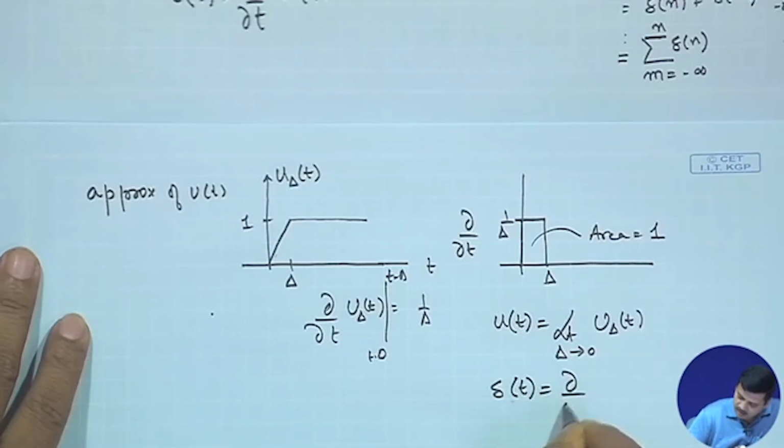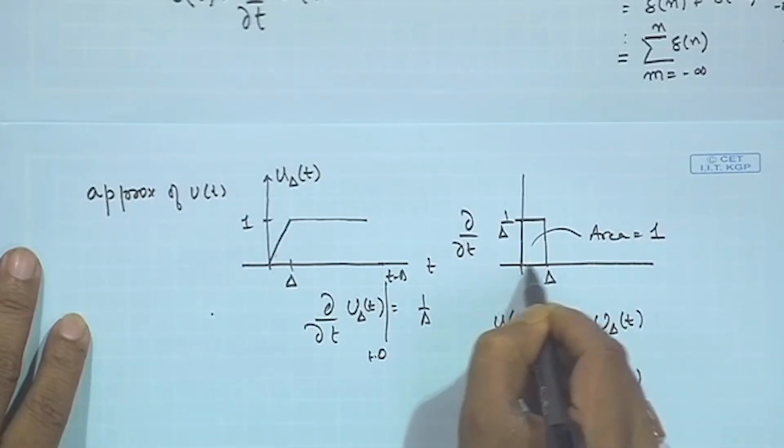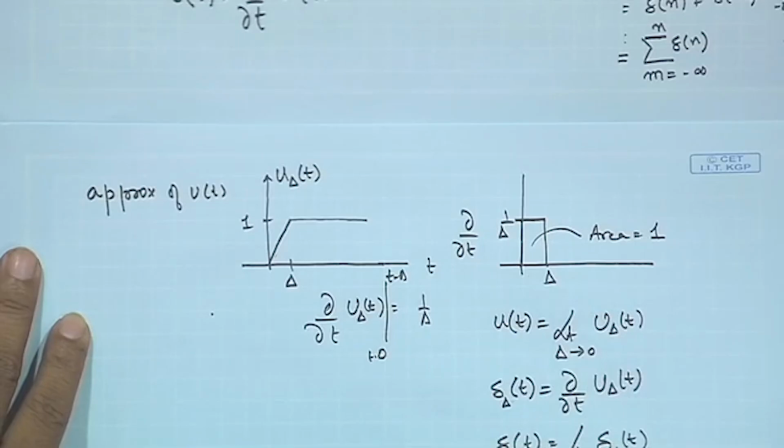as the derivative of u delta t, and this we could write with the suffix delta, and then we could say delta t is the limit capital delta goes to 0 of delta subscript capital delta t. That means we are going to make delta equal to 0. This becomes narrow and narrow and narrow.